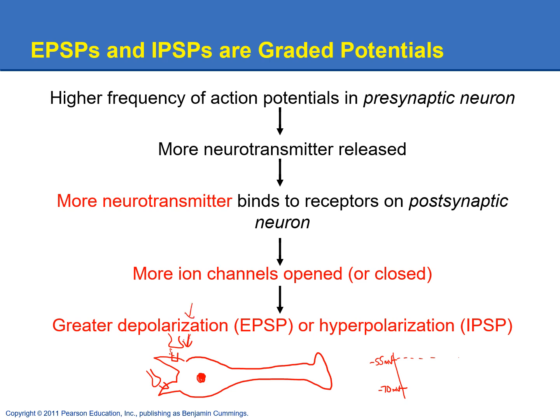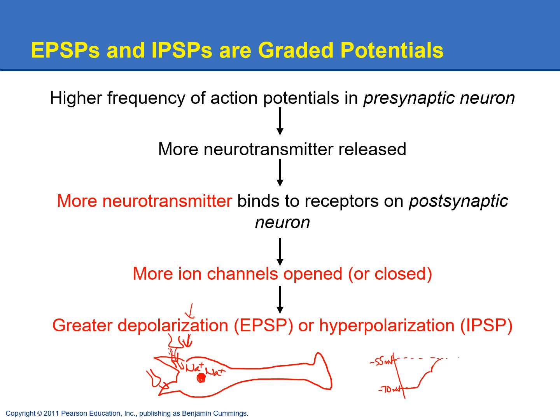Maybe we have several action potentials coming down, and we release neurotransmitter, we open up maybe our ligand-gated ion channel, maybe we let some sodium ions in, and then we fire again right away and let some more sodium ions in. And so what happens is we create one EPSP, but before we get rid of that first EPSP, we let more sodium ions in, and now we add the next graded potential on to what's left of that first one.